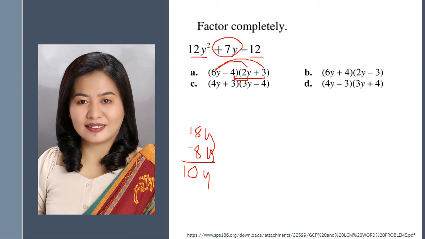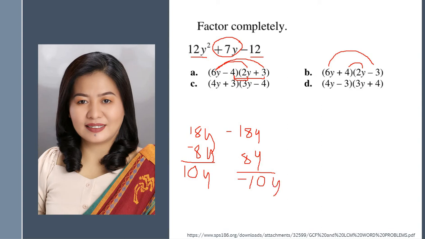So let's move to our letter B. 6 times 3 is negative 18, and it's just the opposite of the first choice. The middle term, 4 times 2 is 8y, so it will give us negative 10y. So B is not our option.